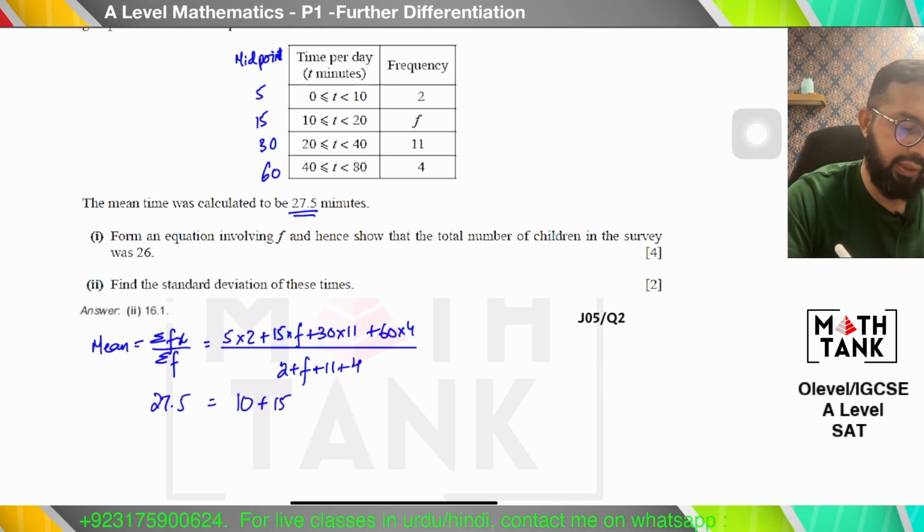That's 10, 15f, 330, and 240. And I have 17 plus f.